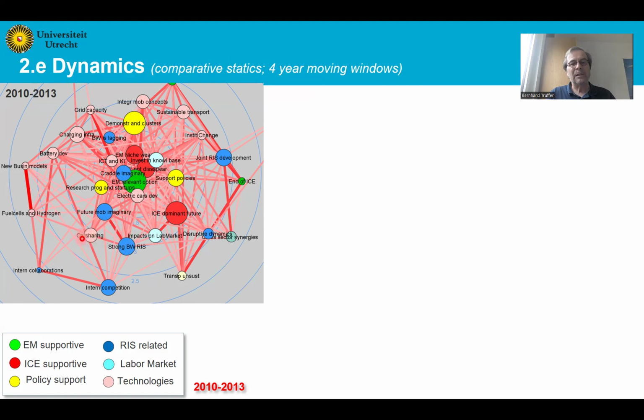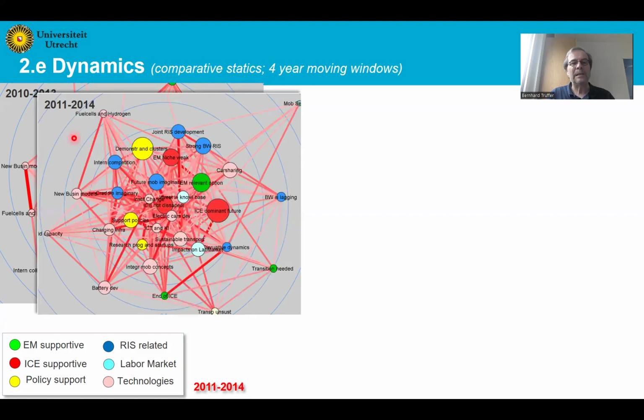And now the undefined color elements are referring to infrastructures and innovation. Otherwise, everything remains the same. So if you have the first 4 years from 10 to 13, this looks very much like the first period that I showed you originally.